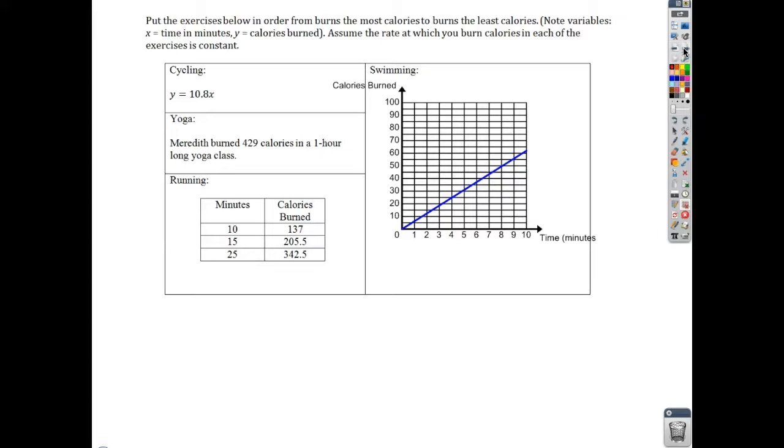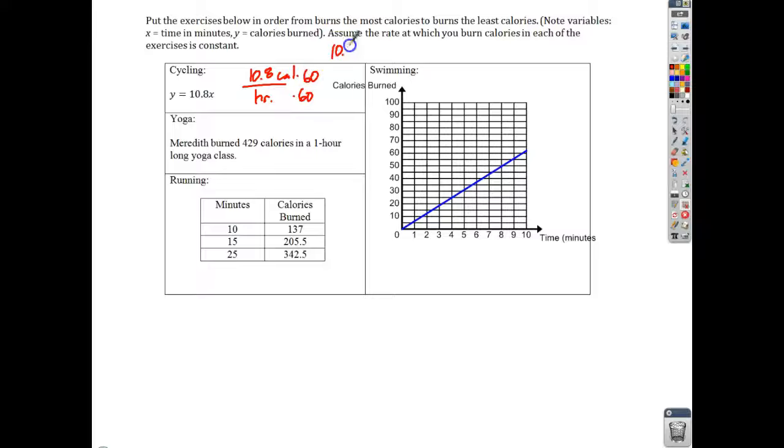Okay, so cycling is 10.8 calories, and yoga is 429 calories in a 1 hour long class. Wait, hold on a second. Oh, this is minutes, and this is hour. So I have to multiply this by 60.